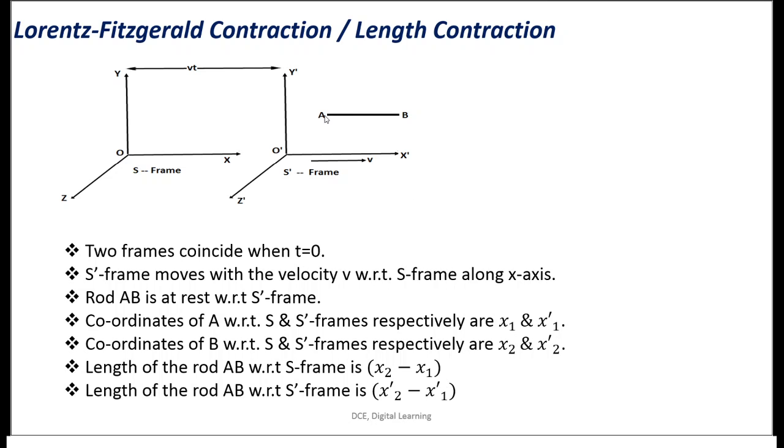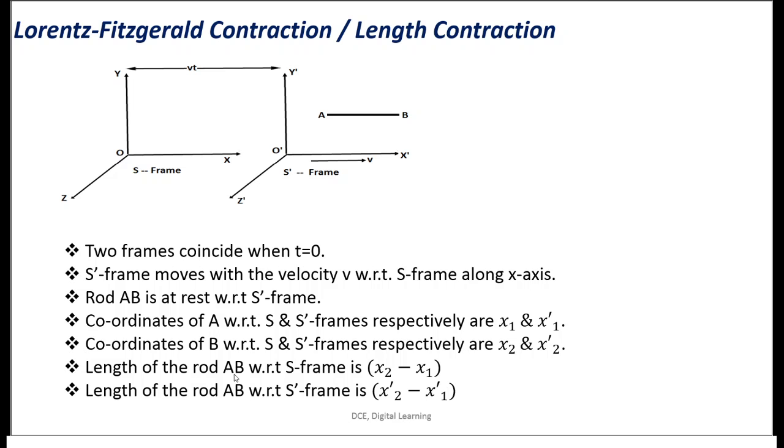Similarly, the coordinates of point B with respect to S and S prime frames are x2 and x2 prime. x2 belongs to S frame and x2 prime belongs to S prime frame.